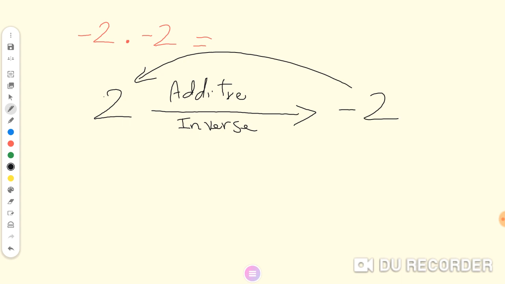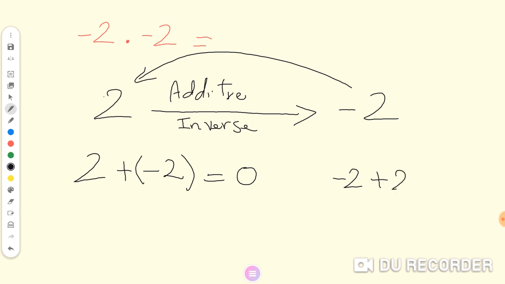Also we have a fact about the additive inverse. If we add a number to its additive inverse, the result will become what? Yes, the result will become 0. And vice versa, if we start with negative 2 plus 2, the result will become 0.